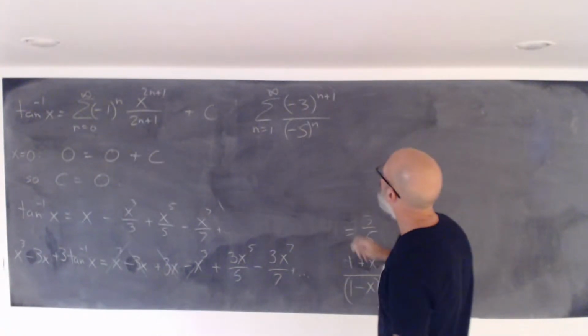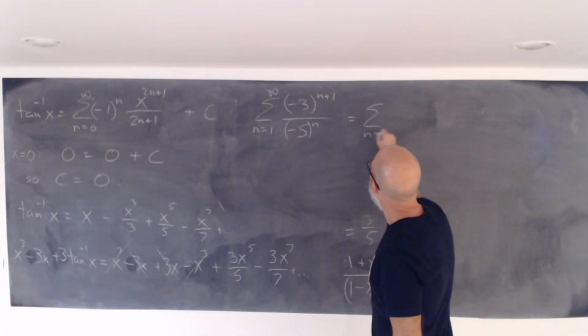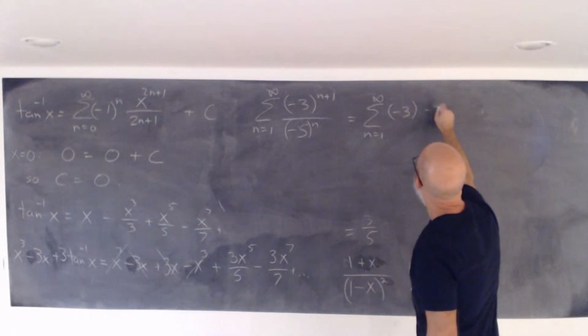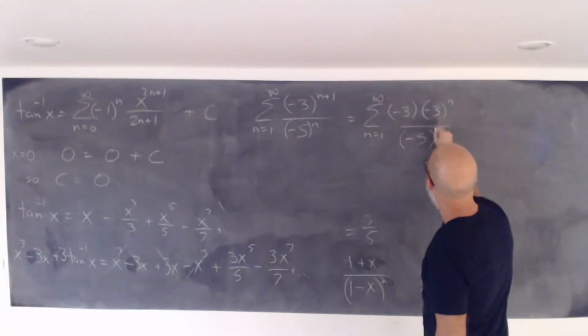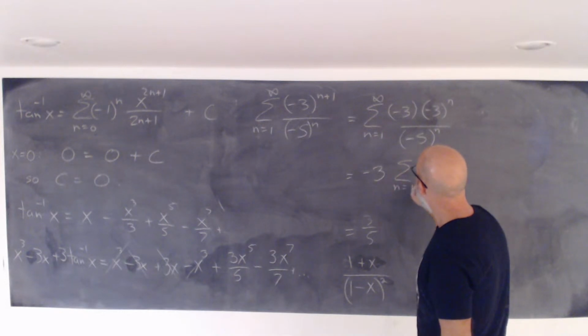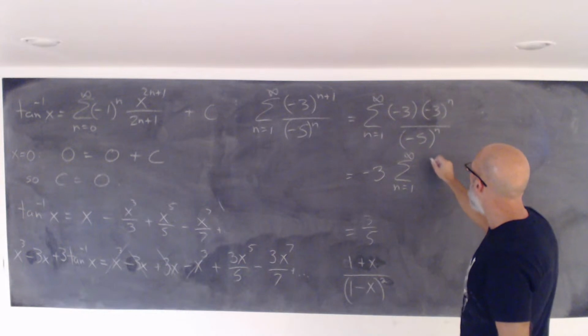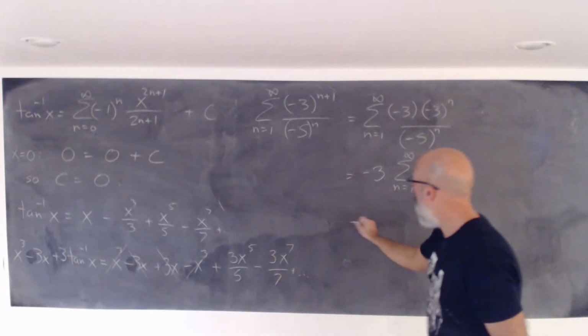What is that? First of all, this is negative 3 times negative 3 to the n over negative 5 to the n, or negative 3 times negative 3 over negative 5 to the n, or 3 over 5 to the n.